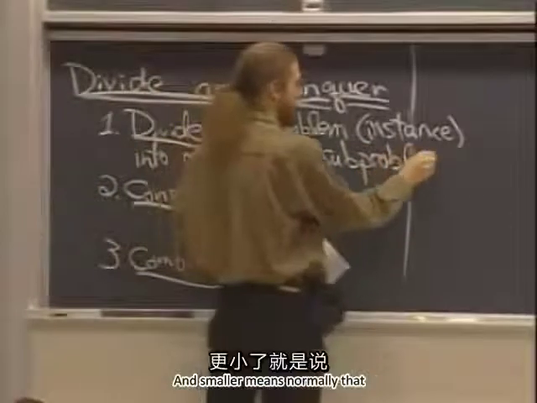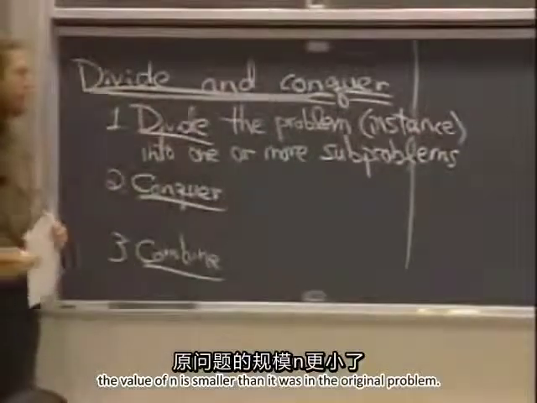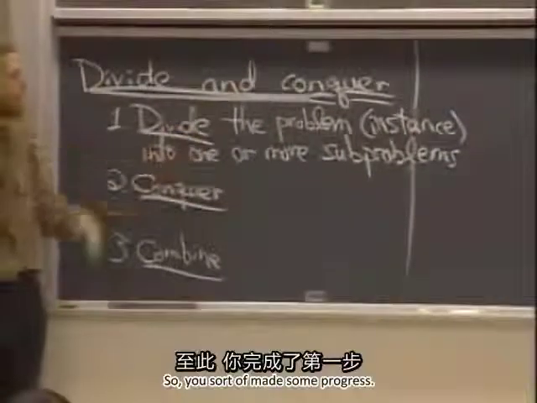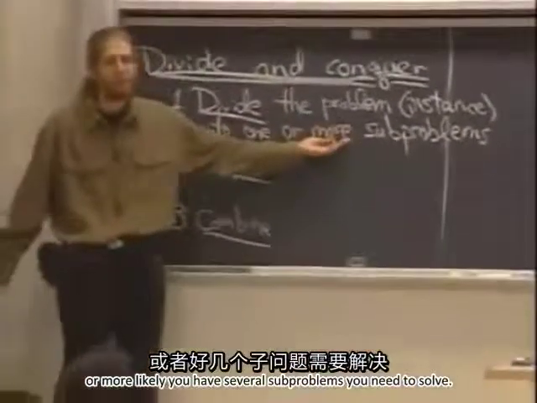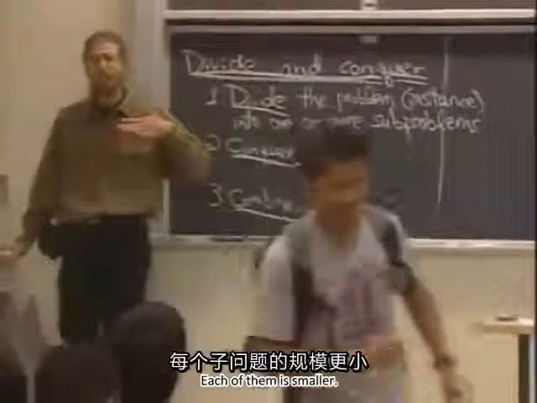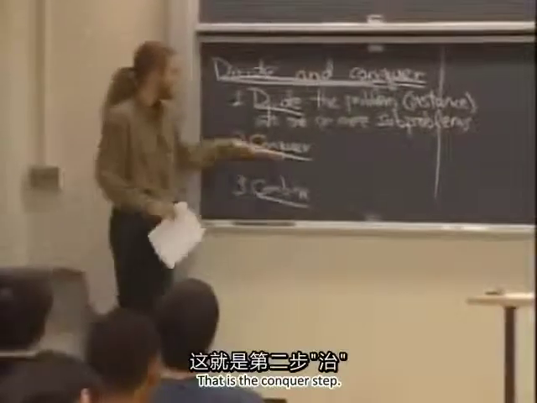And smaller means normally that the value of n is smaller than it was in your original problem. So you sort of made some progress. Now you have one or more likely you have several subproblems you need to solve. Each of them is smaller, so you recursively solve each subproblem. That's the conquer step.